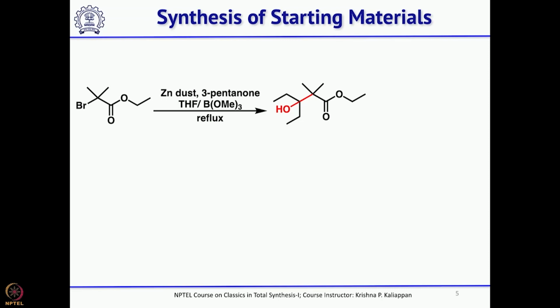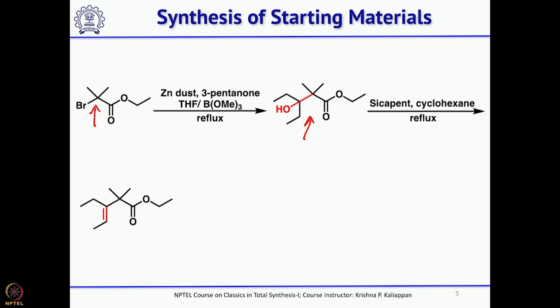So, the alpha bromo ester upon Reformatsky reaction with 3-pentanone, you get this beta hydroxy ester. Okay. This beta hydroxy ester, then upon treatment with acid, it underwent dehydration to give beta gamma unsaturated ester.